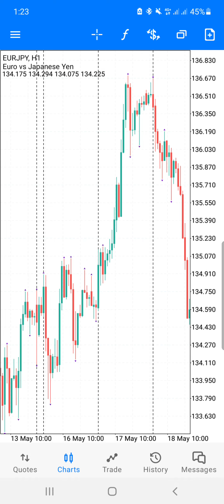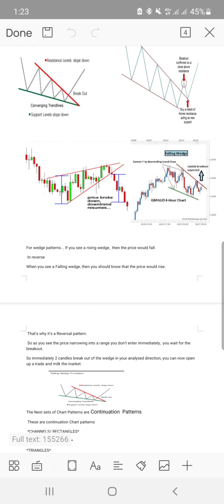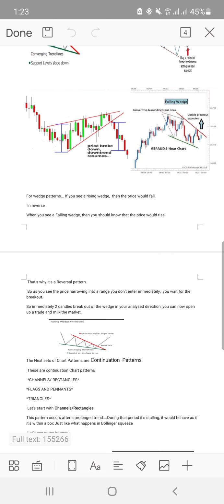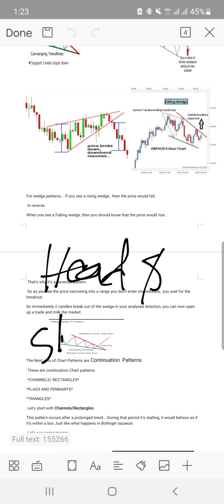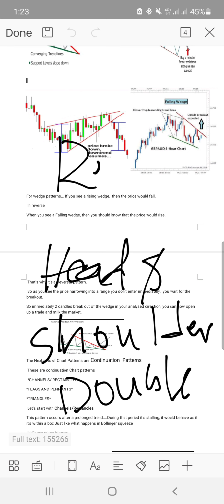So now we'll go back to reversal. We are done with all the reversal patterns. We have covered head and shoulder pattern, right? We have covered double tops and double bottoms. That is for reversal patterns.